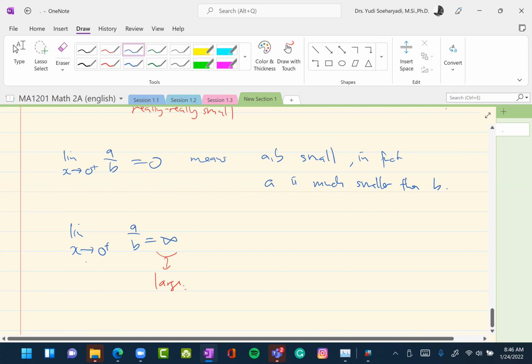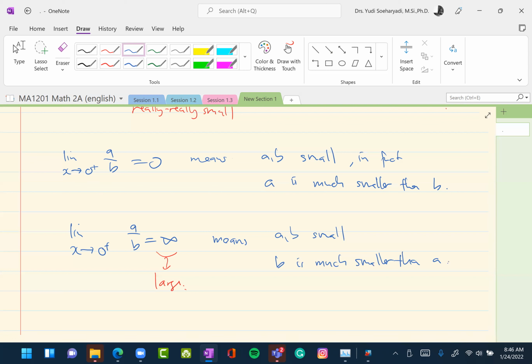This is the case of the microscope. So it means A and B are small, but B is much smaller than A. Do you understand the intuitions here?